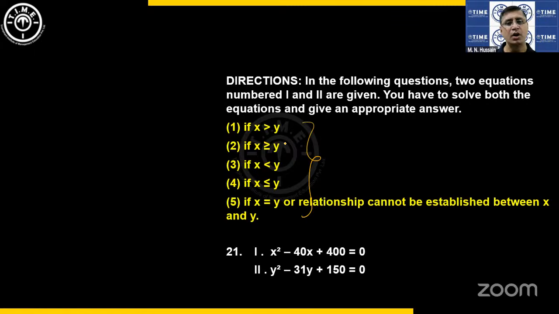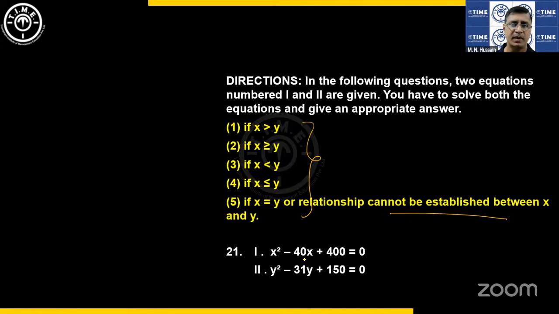Mark choice 2 if x greater or equal to y. Mark choice 3 if x less than y. Choice 4, x less or equal to y. Choice 5, x and y equal or relation cannot be established between x and y. Okay, so these are the 5 choices.